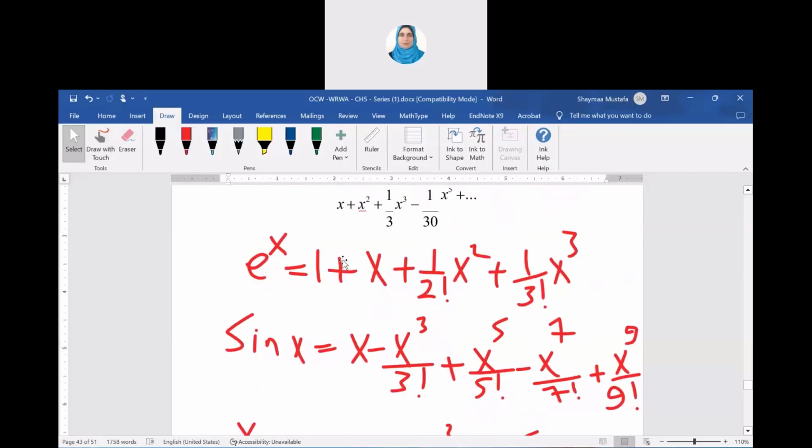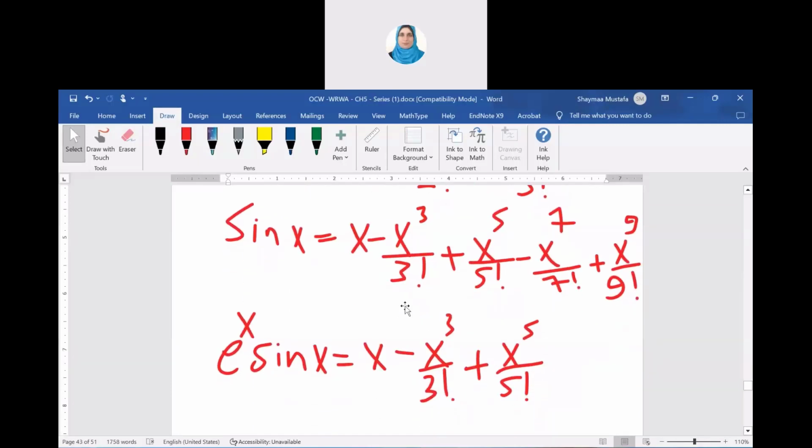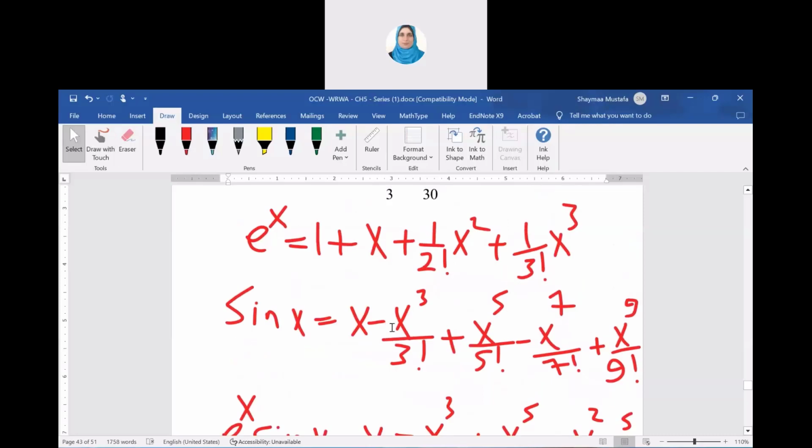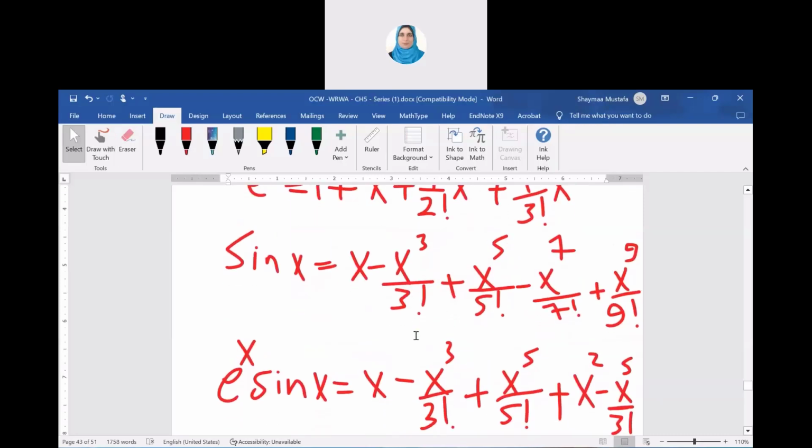Now I will do the multiplication of x. Since I multiplied 1, I will multiply x. So I will multiply x by x. We have x squared; x times minus x cubed over 3 factorial; x times x to the power 5 over 5 factorial. So x times x is x squared, and x times minus x cubed over 3 factorial is minus x to the power 4 over 3 factorial.